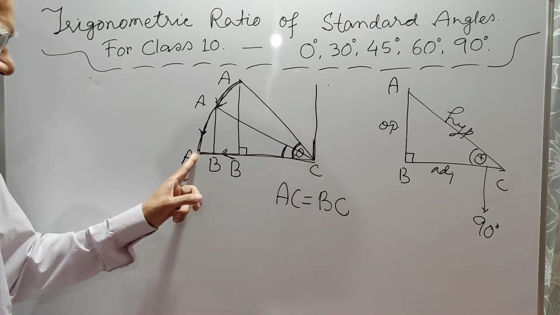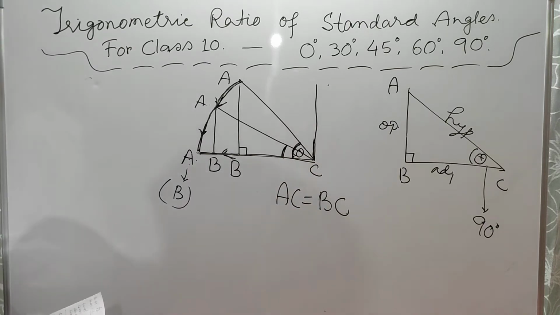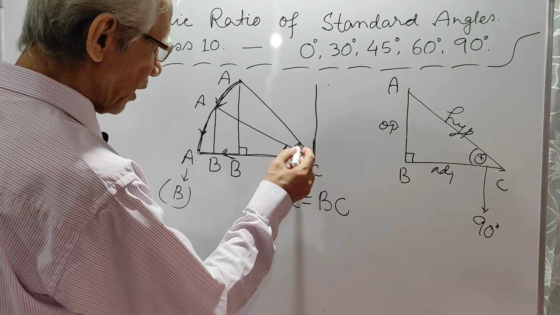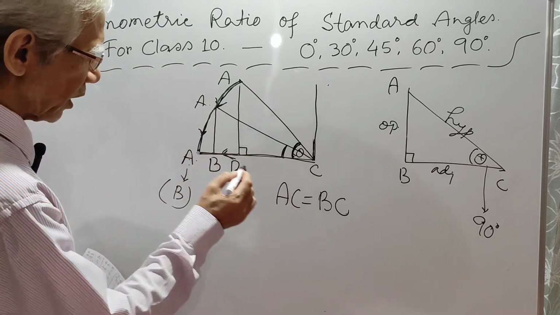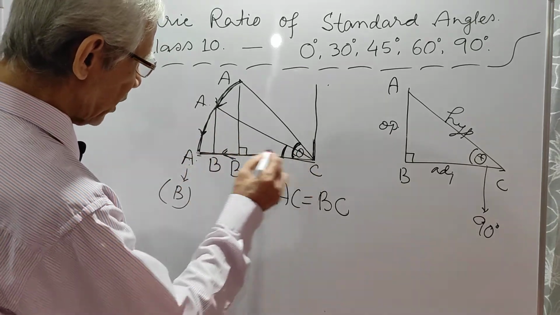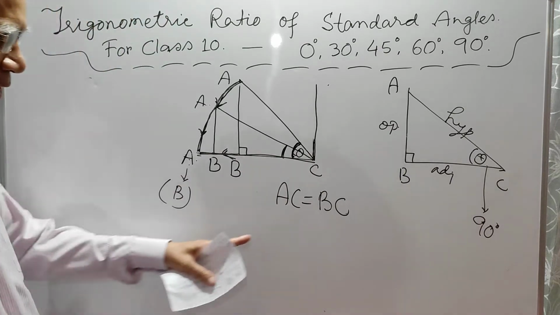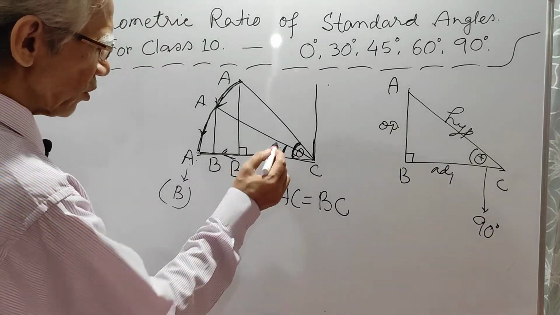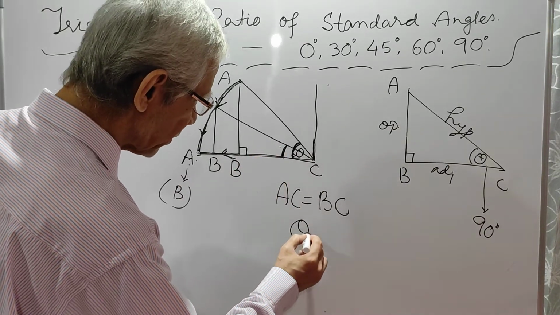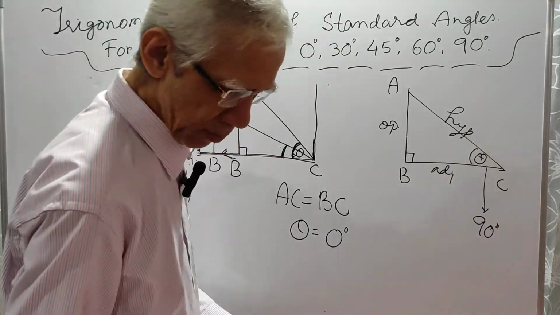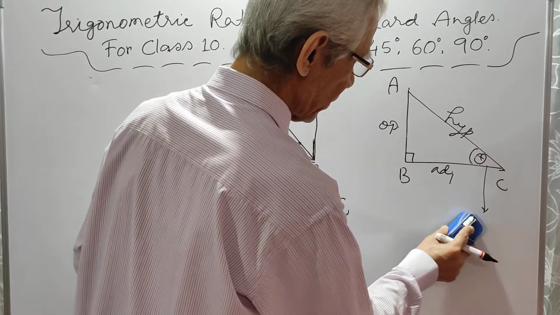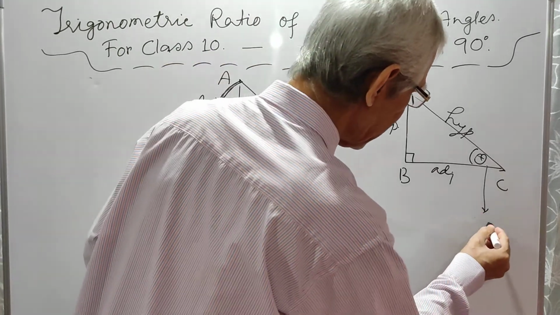Therefore, AC equal to BC. Now consider this angle. Originally this was the angle, it has decreased. Finally when A comes here, AC and BC coincide. Therefore obviously theta will be 0 degree. In the previous case it was 90 degree, now it is 0 degree.